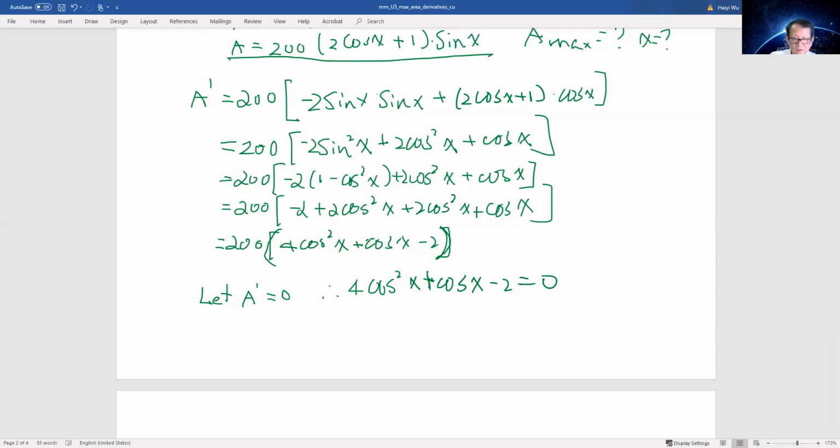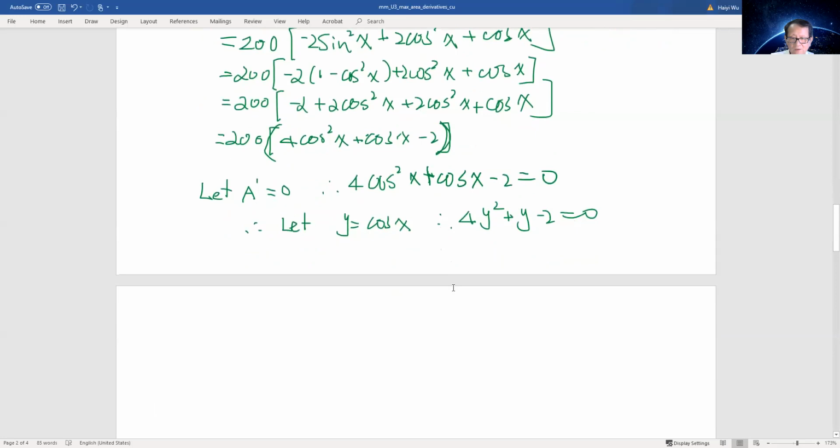Because it's a quadratic in cos x, if I let y equal to cos x, then the equation becomes 4y squared plus y minus 2 equal to 0. This is a quadratic, so we can use the quadratic formula or factorizing.